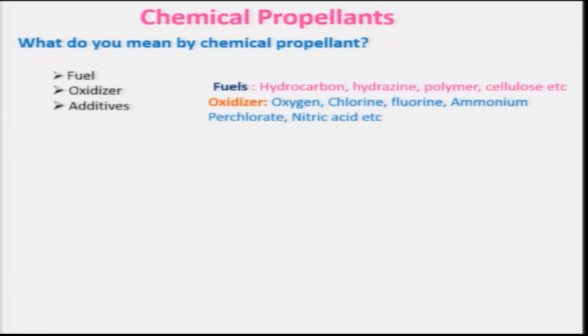And a question might come to your mind: what is an explosive, and can the propellant act as an explosive? An explosive could consist of a chemical propellant. That means it is a special kind of chemical propellant which has a high burning rate, or is a highly energetic material.